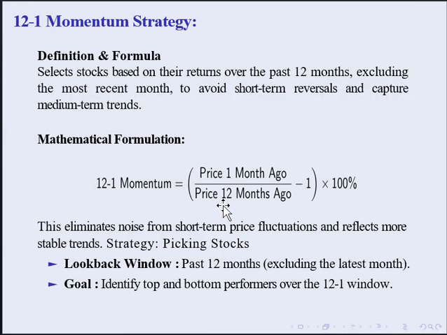12-1 momentum means excluding the last month due to the short-term reversal effect. For that, we compute the last 12 months minus 1 month's return to select top and bottom percentile stocks. For portfolio construction, we use top and bottom percentile with monthly and weekly rebalancing.